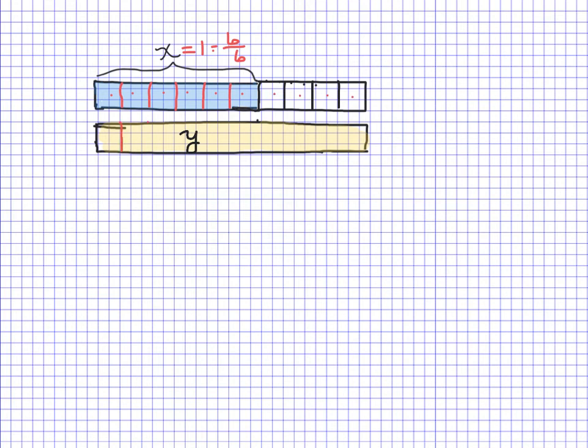So again, that y is divided up into equal segments like the x is, but instead of 6/6, let's count how many sixths we have. 1, 2, 3, 4, 5, 6/6. There's our whole. 7, 8, 9, 10 sixths. So our y would be equal to 10/6 of the x.